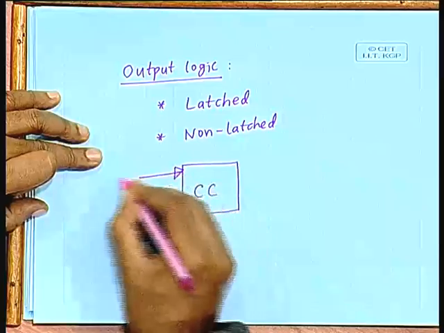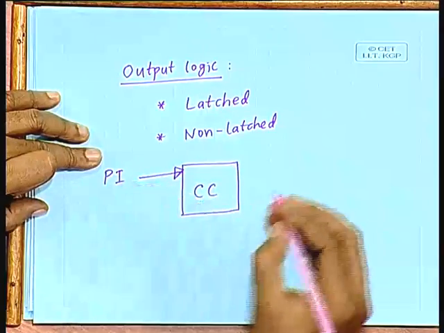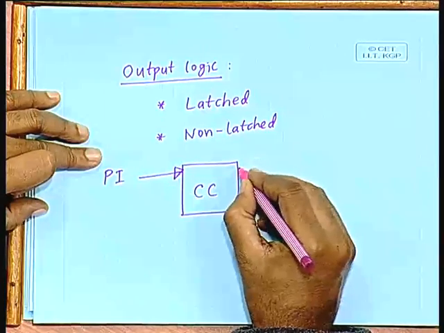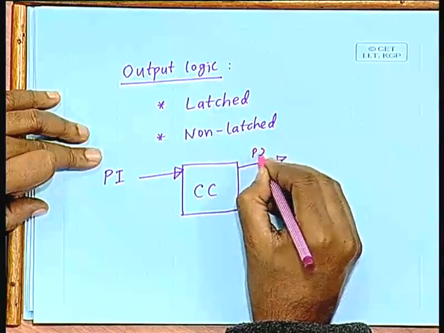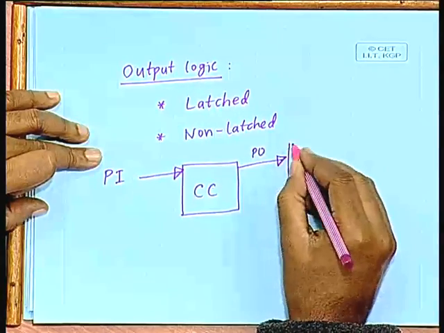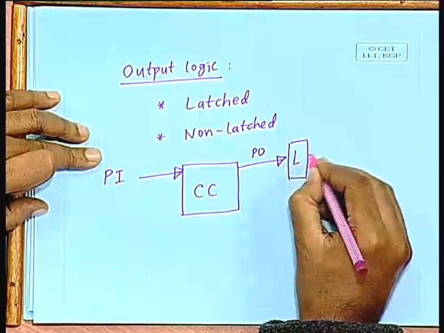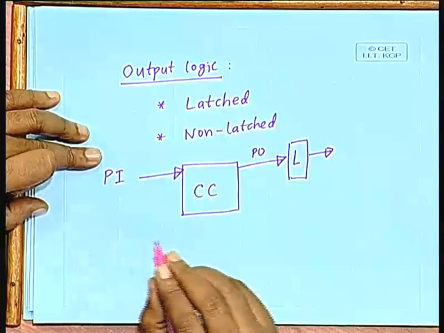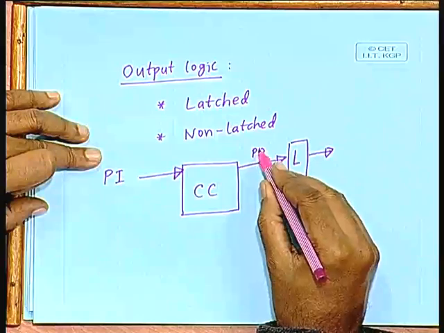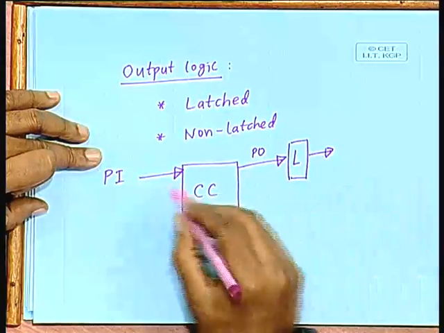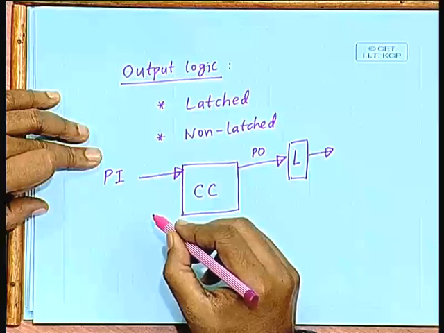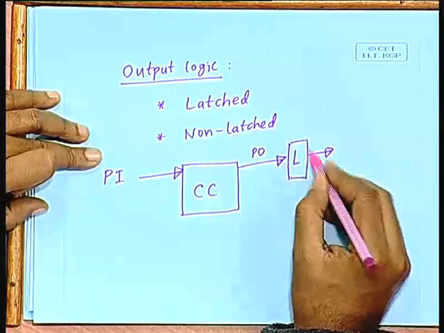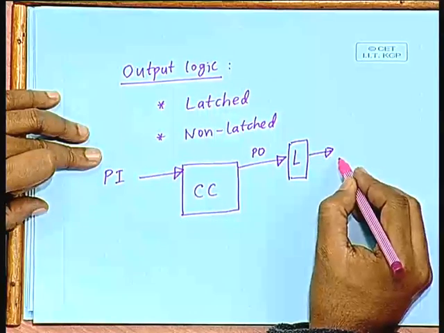Here you have the primary inputs coming in and the primary outputs coming out, and there can be some latches out there, because there can be scenarios where the output values need to be kept stable as the inputs change. So there you possibly need a latch from where the outputs are to be driven.